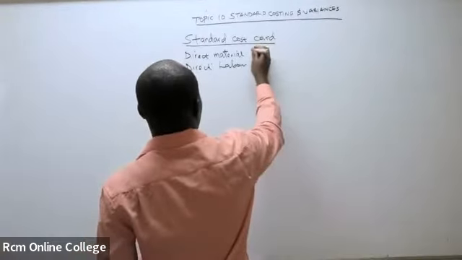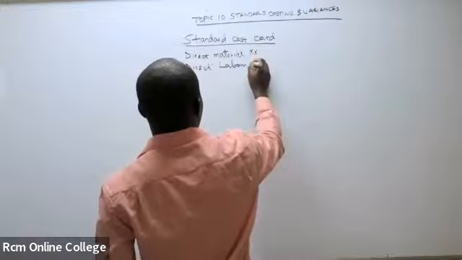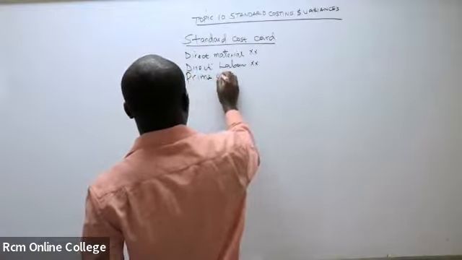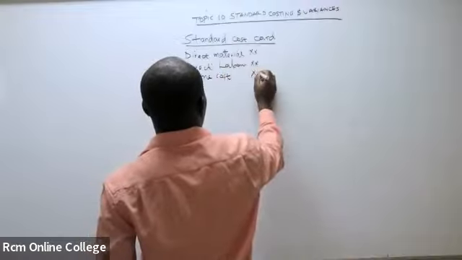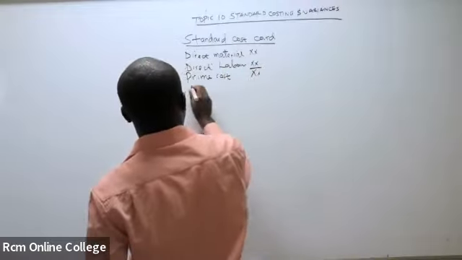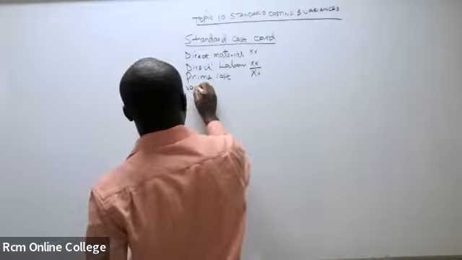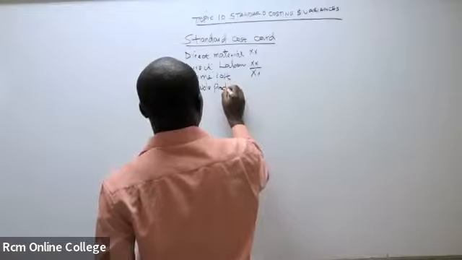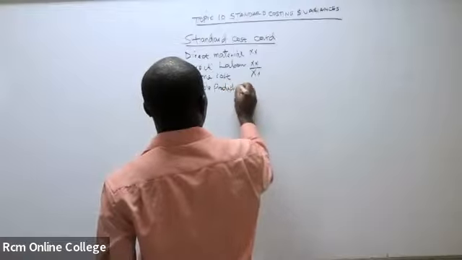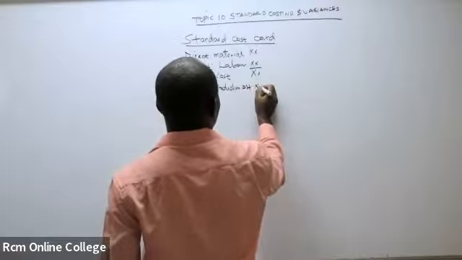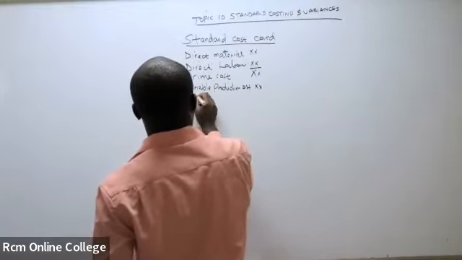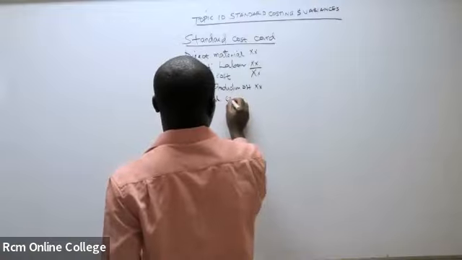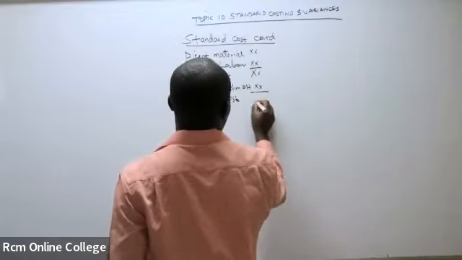So direct material plus direct labor will give us prime cost. To the prime cost, we need to add variable production overhead to give us now marginal cost, right?